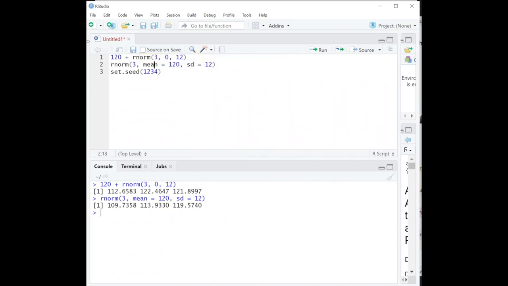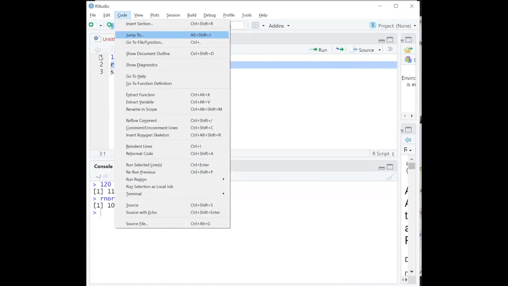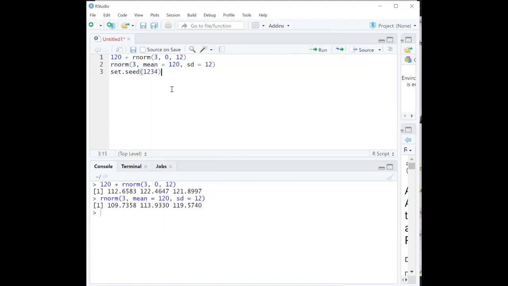So once we have set the seed, oh gosh, it's really difficult for me to. I like the keyboard, but the keyboard is different from the one I have.